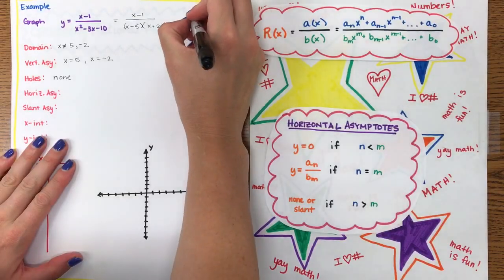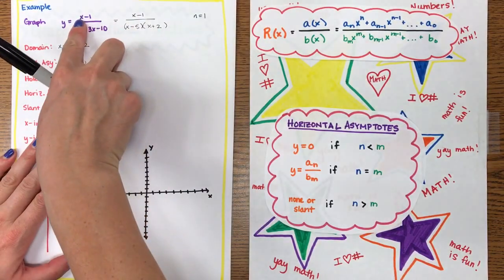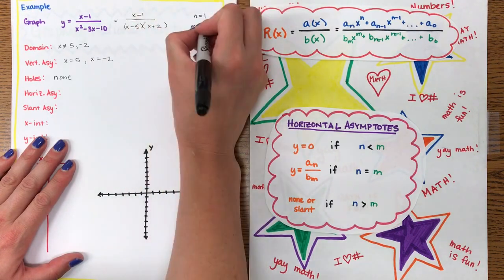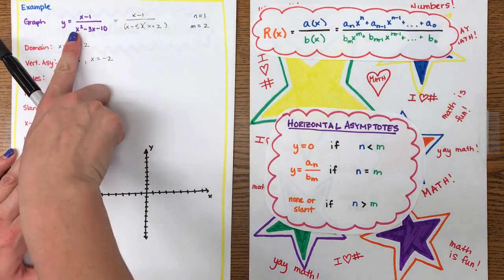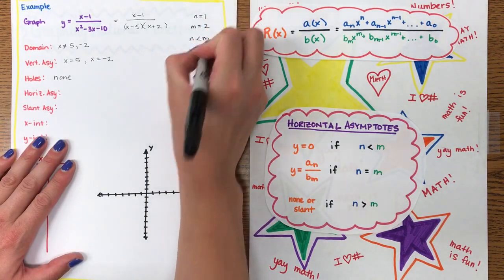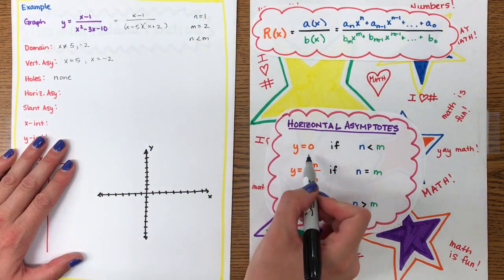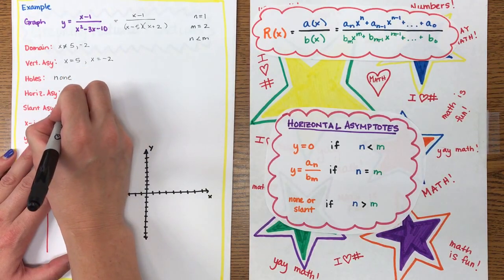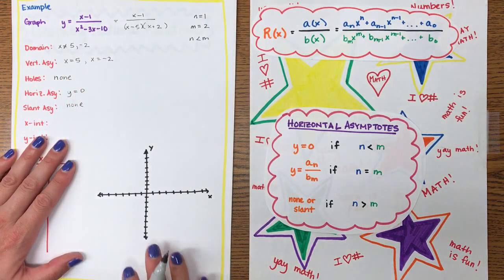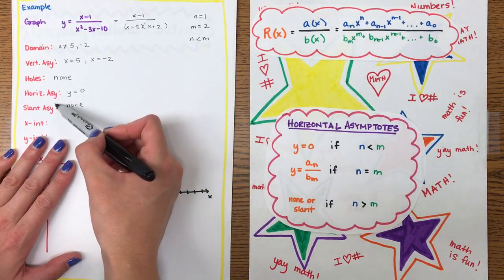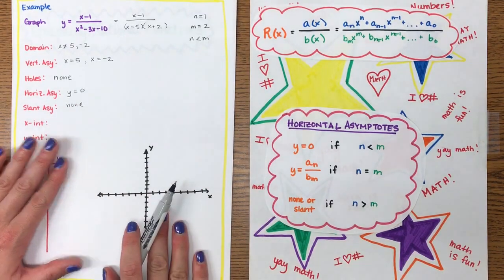The degree of the numerator is first degree, it's linear, and the degree of the denominator is 2 because it's a second degree, a quadratic. So n is less than m. When n is less than m, y equals 0 will be my horizontal asymptote, and there will be no slant asymptote. You will always have one or the other. You will never have both of these.